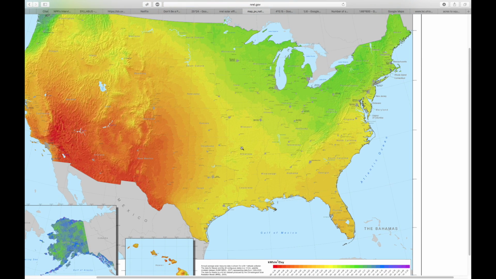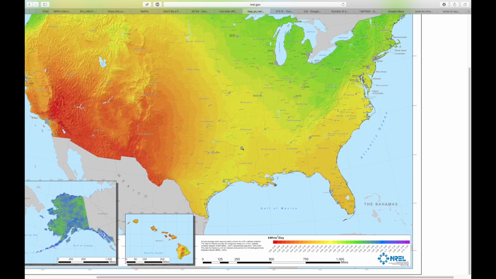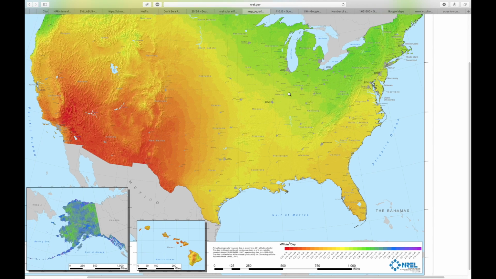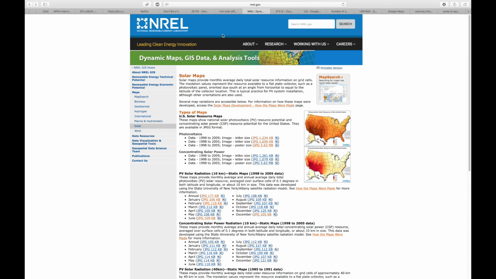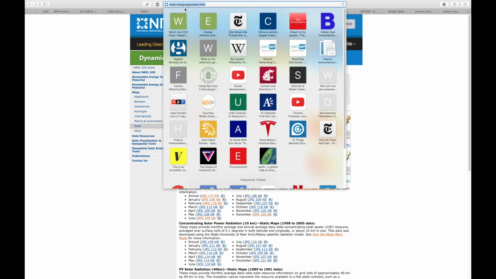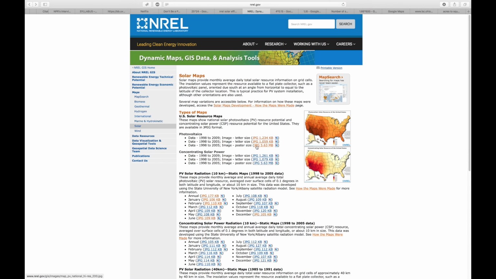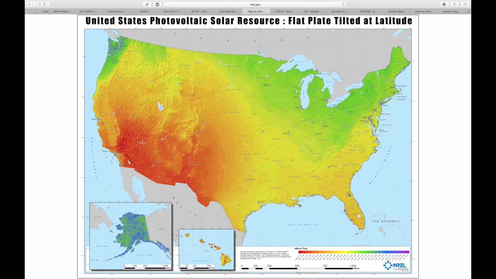Then you need to look at, okay, what are the solar resources in your state? In Ohio, I should explain, to access this map, go to nrel.gov/GIS/solar.html, and then click on photovoltaics. In the poster size, this is going to be the largest, highest resolution picture.